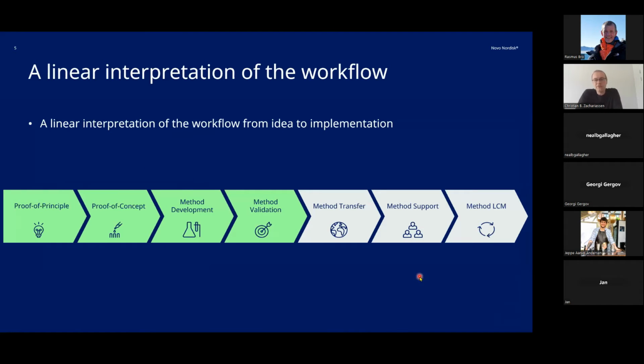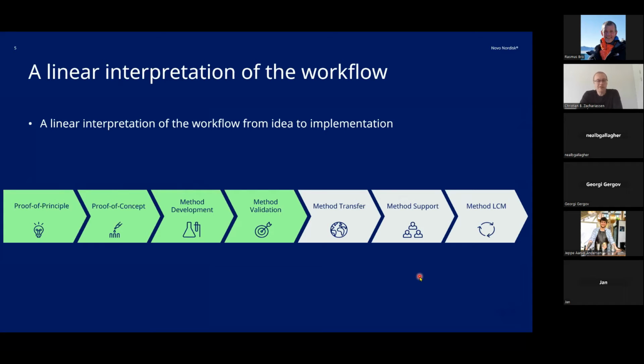So we have tried to make a more boring or linear interpretation of the workflow, which indeed is iterative, but you are able to go back and revisit things. So what we would like to do at Novo Nordisk is, when we have an idea, to establish a proof of principle.